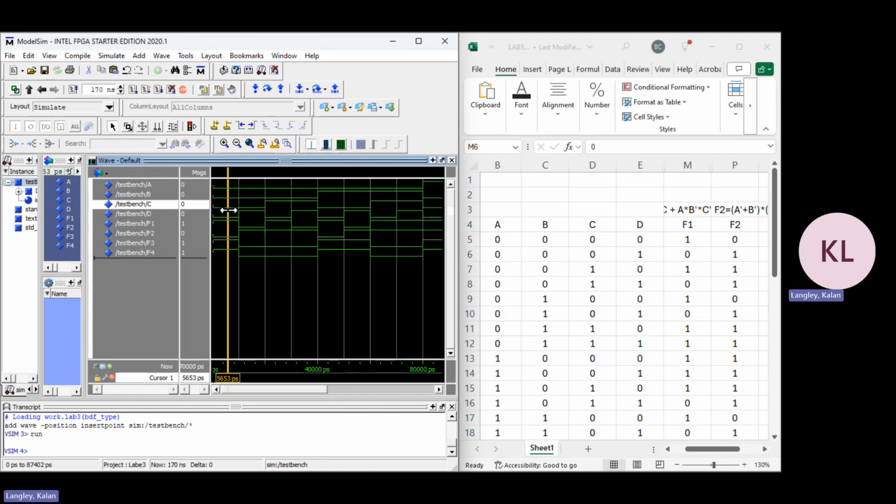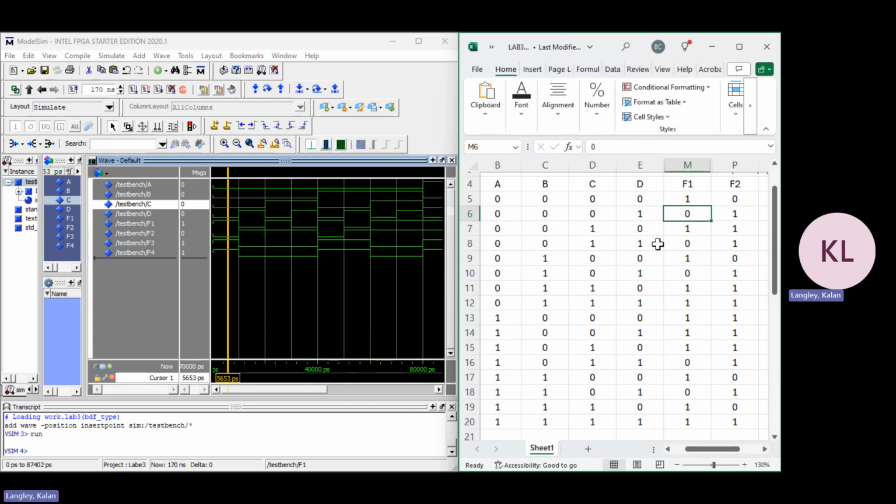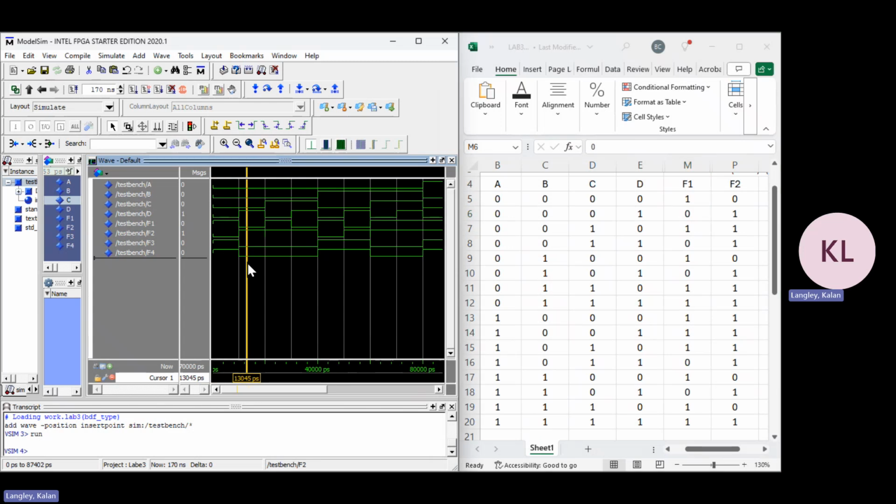So right away, A, B, C, and D are all off, and F1 and F2 are 1 and 0. You can see here. We're going to go to D. D is on. F1 is 0, F2 is 1. So they flip-flopped. Now we're going to go to C. C is on, D is off.